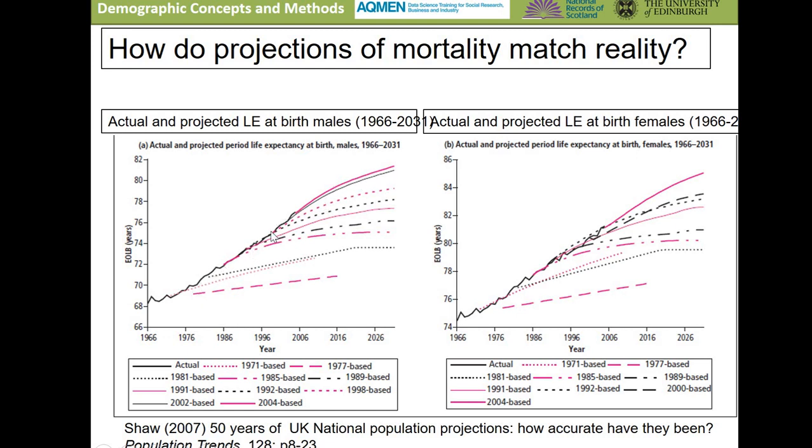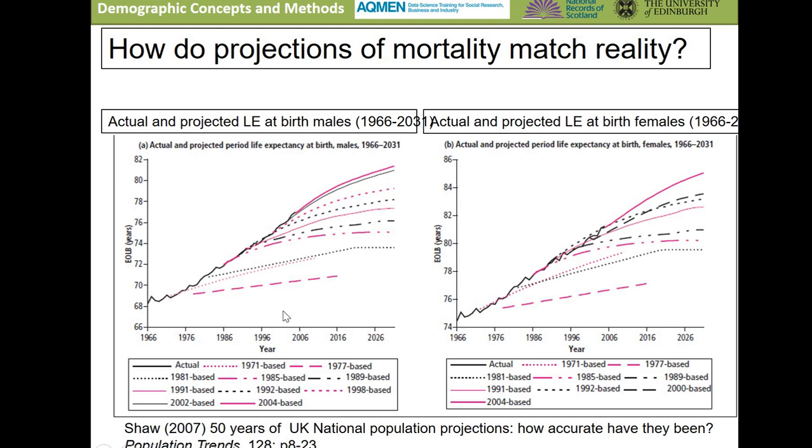The black line here is showing the actual change in life expectancy over this period. So we can look at how some of these assumptions match reality. We have this graph here for males, but also for females. Similar results in each, so I'll just focus on males.